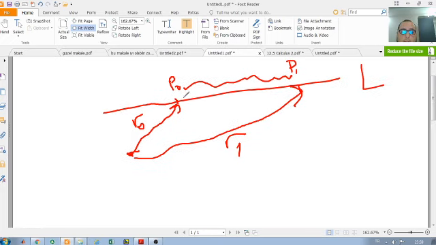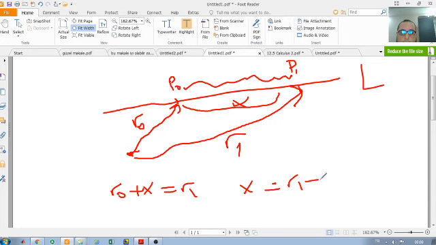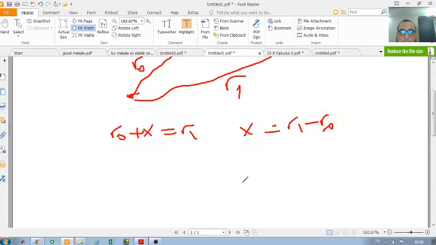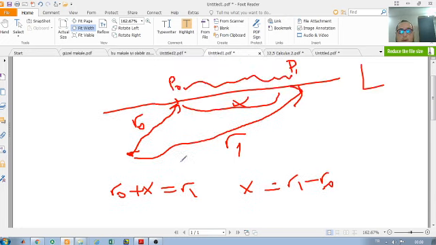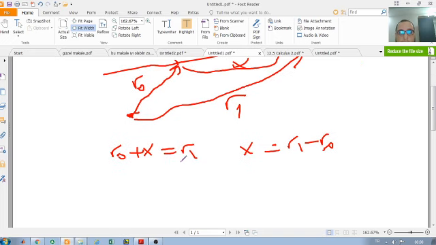You see, if we say this is the vector x, so r0 plus x is equal to r1. From here, x is equal to r1 minus r0.